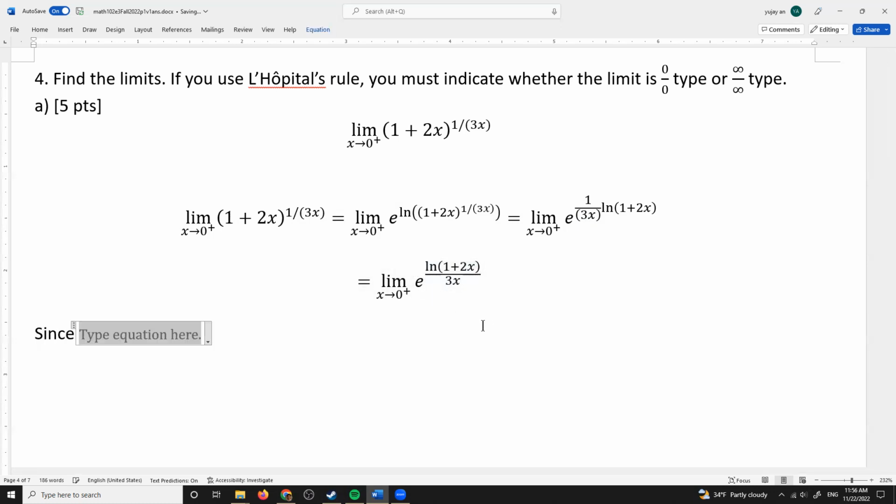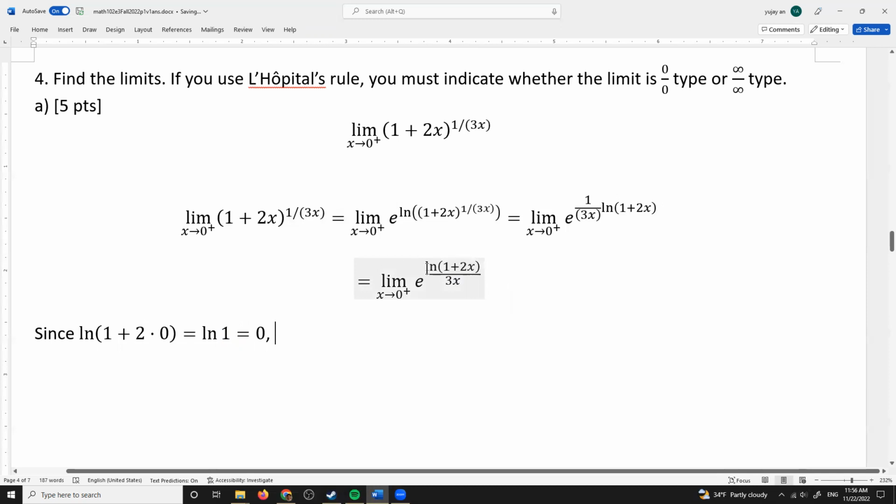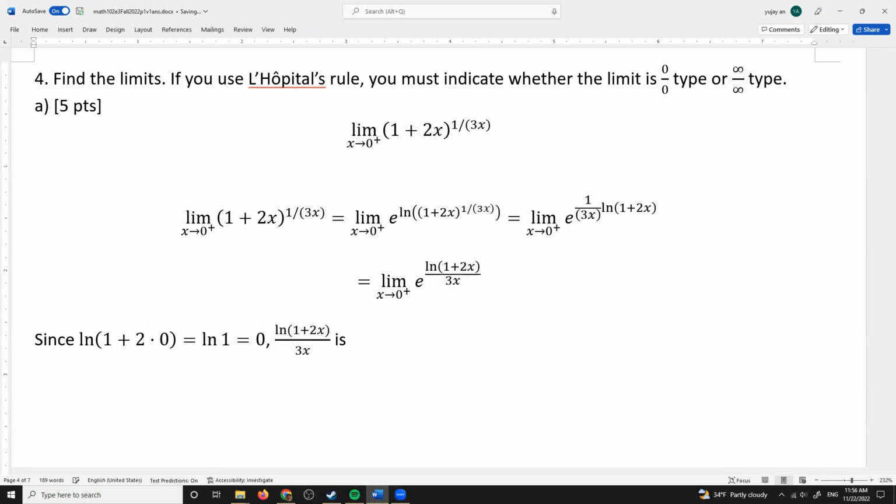Okay, so that's what you get, and since ln of 1 plus 2 times 0 is ln of 1, equal to 0, this limit right here is 0 over 0 type indeterminate.